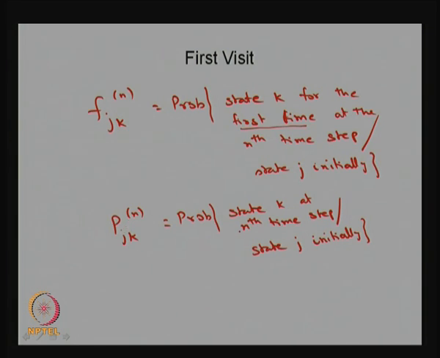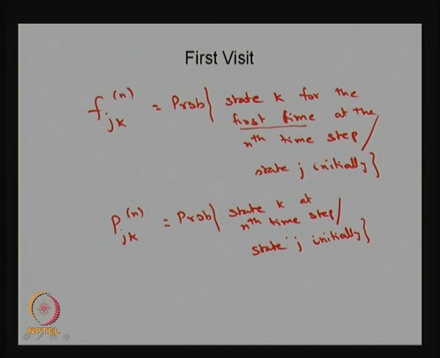So, that probability is included, whereas f suffix j comma k at the nth step means it reaches the state k only at the nth step. Both are n step transition probabilities, but one is for the first time, the other one is not necessarily.